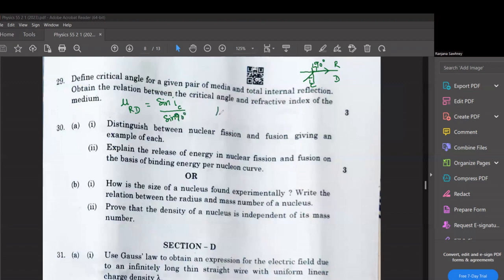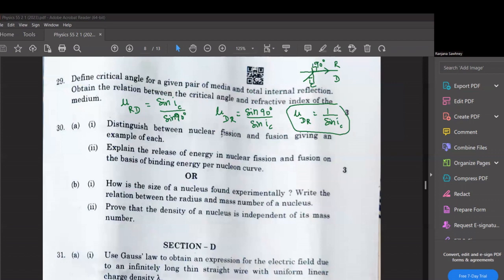And the refractive index of the denser medium with respect to rarer will be 1 upon the refractive index of the rarer with respect to denser. So this can be written as sine 90 upon sine IC. So the refractive index of the denser with respect to rarer is 1 upon sine IC. So this is the relation between the refractive index and the critical angle of incidence.